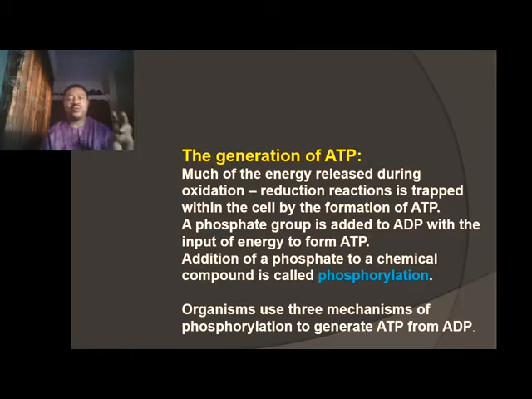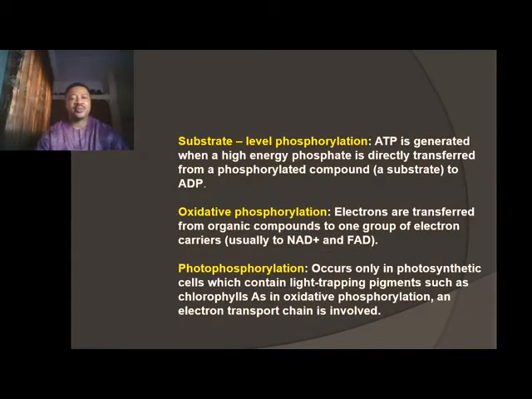Organisms use 3 different mechanisms for phosphorylation. In other words, there are 3 mechanisms involved in the coupling of inorganic phosphate with ADP to form ATP. Now, what are these 3 mechanisms?